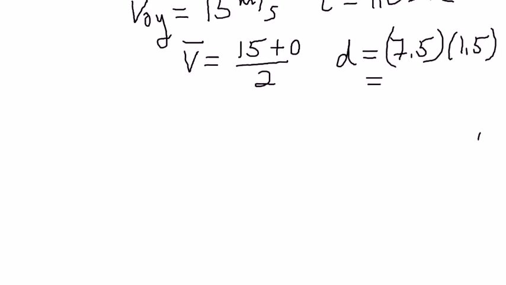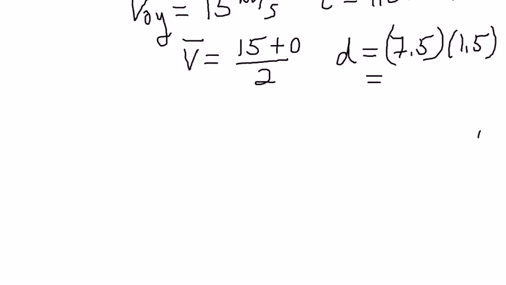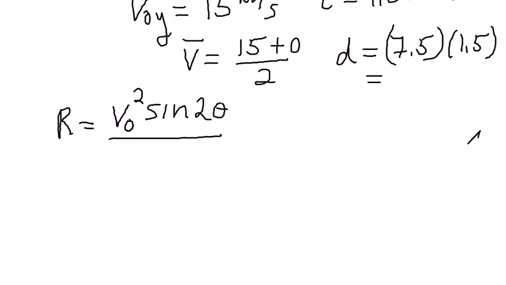Let's look for a second at what goes on in the distance equation for range. So we know that if the final and initial heights are the same, we can use the range equation v0 squared sine 2 theta divided by g, but that requires y final to equal y initial, and that's not always the case.